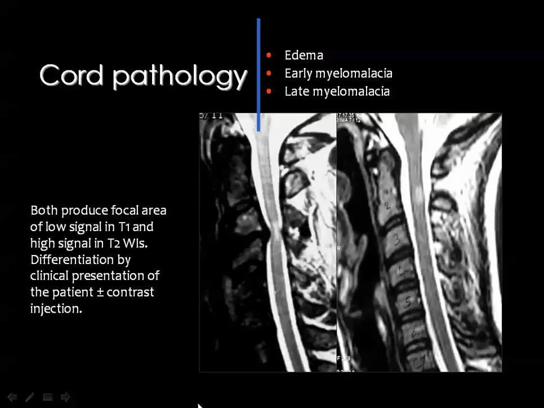In spite of many things that have been mentioned in the literature, you should know first the difference between cord pathology related to degenerative diseases of the spine and cord pathology which is not related to degenerative diseases of the spine. In this cord pathology, there is a cause for the pathology to be here, and you see that there is a disc and there is a ligamentum flavum compressing the cord, resulting in an area of abnormal signal within the cord substance.